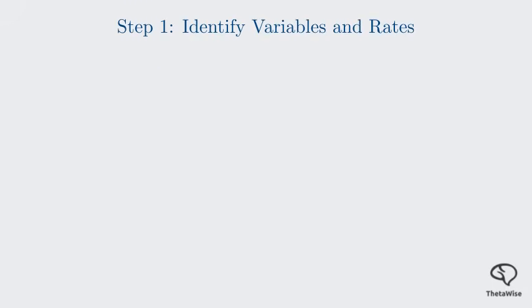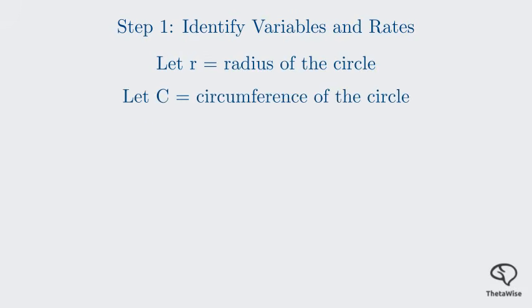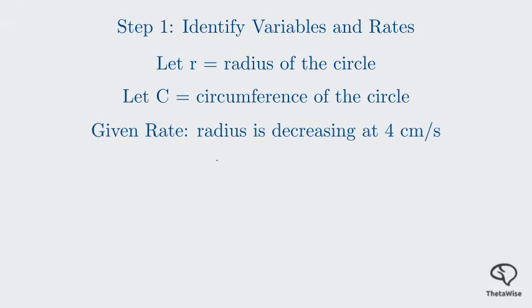First, let's identify what we know and what we need to find. The problem involves a circle. Let's use r for the radius and c for the circumference. We are told the radius is decreasing at 4 centimeters per second. A decreasing rate is negative, so we write this as dr/dt equals -4.